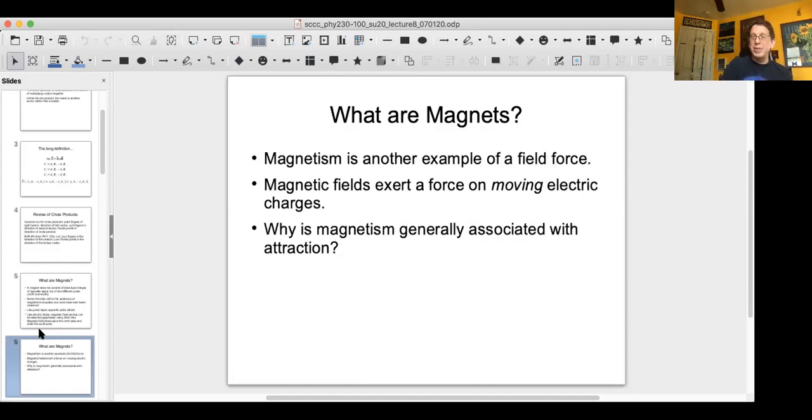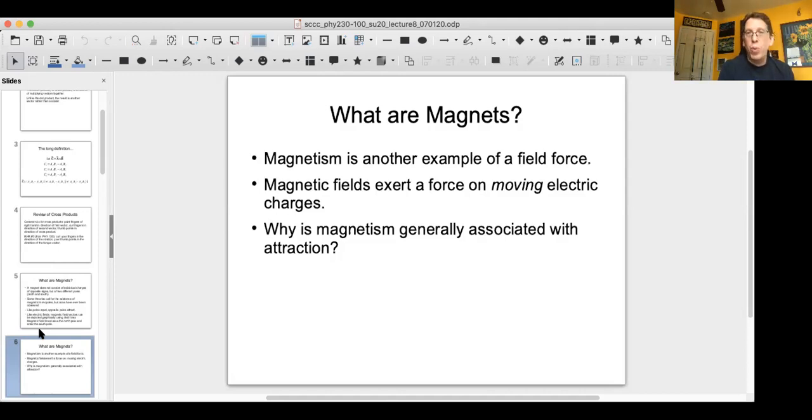Magnetism is another example of a field force. So it doesn't require contact for the force to exist. Magnetic fields exert a force on moving electric charges. So that's an important difference with electricity, that electrical forces or electric fields exert forces on electrical charges whether they're moving or not.